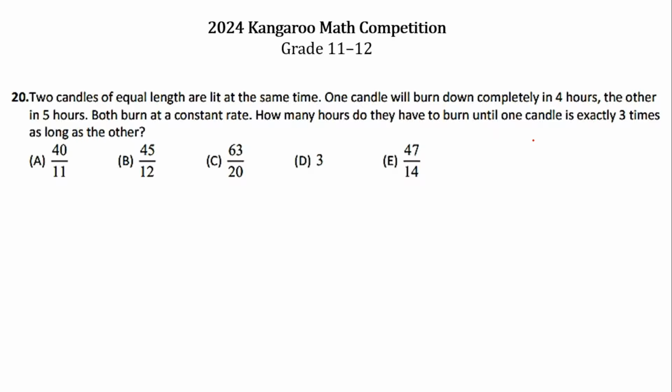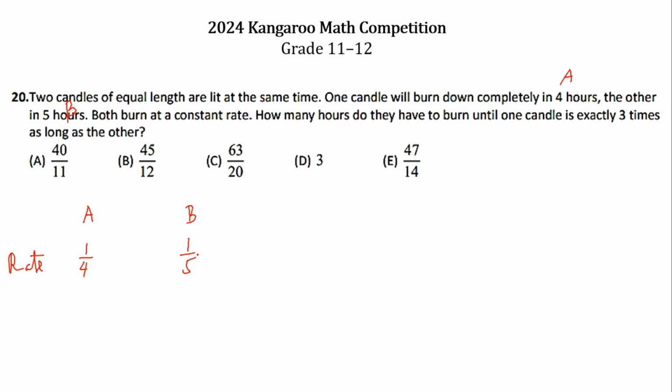Let's say the candles are A and B. So the rate at which candle A is burning is 1/4, and the rate at which candle B is burning is 1/5.